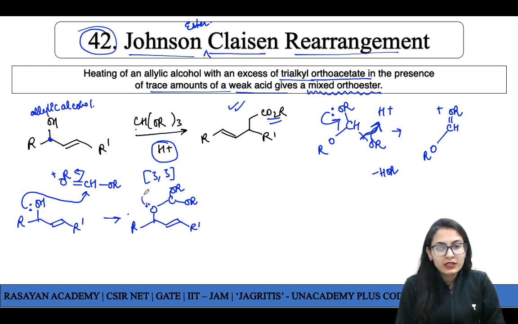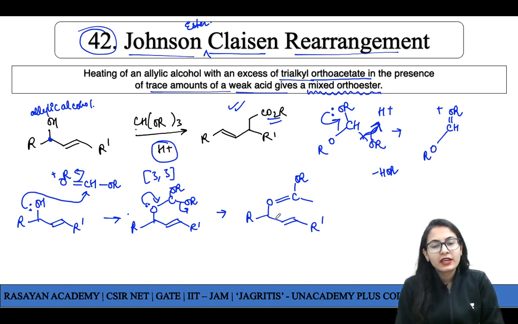Now the oxygen will want to push away one of the oxygens in this manner. Then you would directly have something like this, R dash, and there has to be one CH3 group, right?